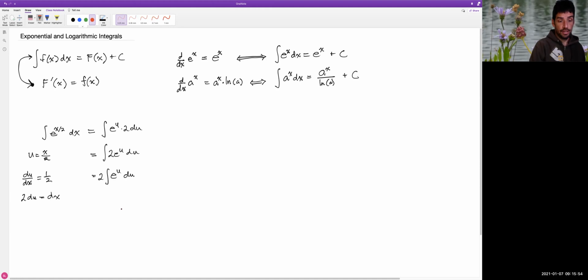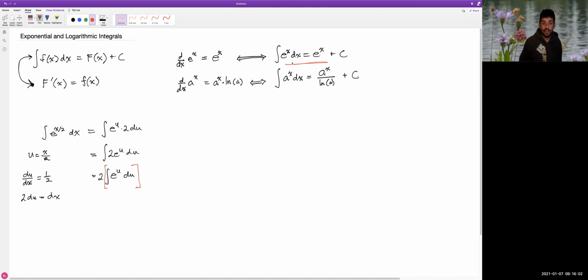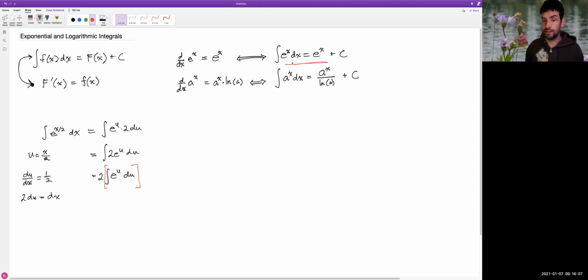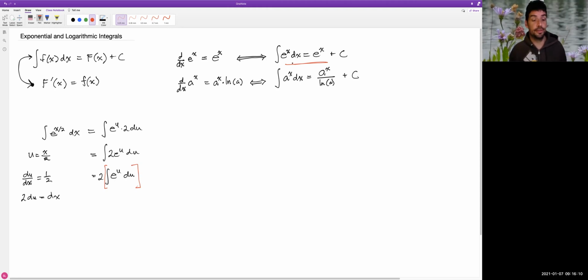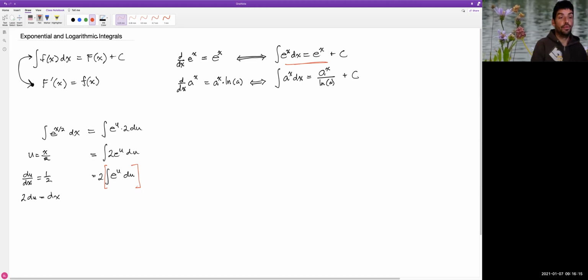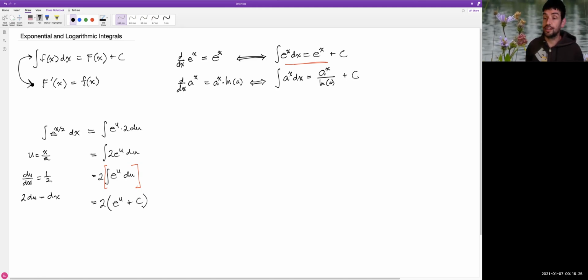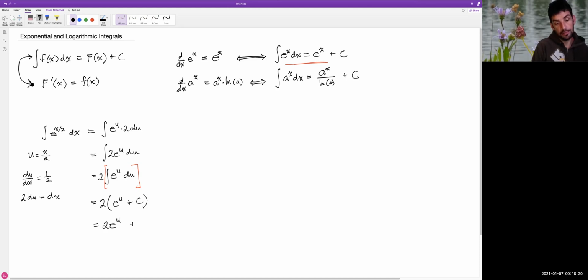And so now, this piece right here is precisely the rule, right? I've just happened to use a different letter, a different variable, but the relationship remains the same. The antiderivative of an exponential of our independent variable is just that function itself with a constant of integration, and we might rewrite this as 2e to the u plus c.